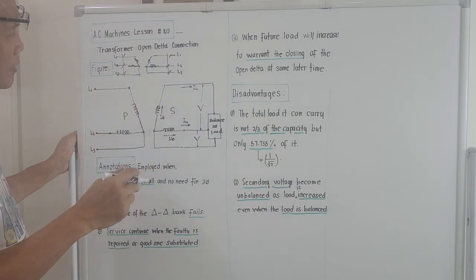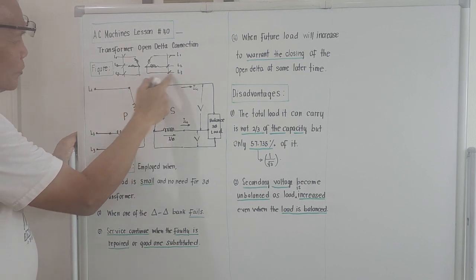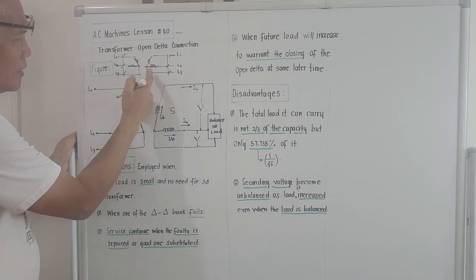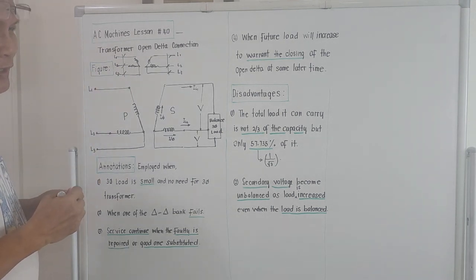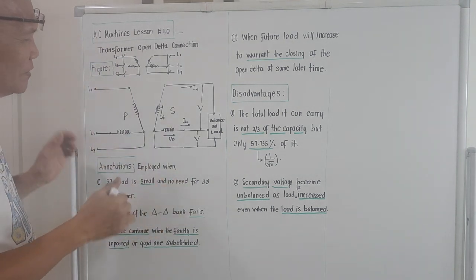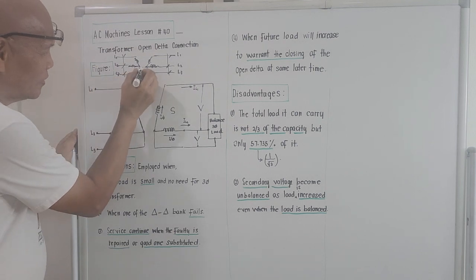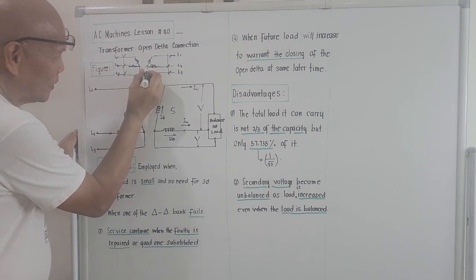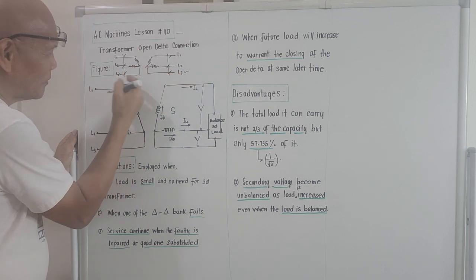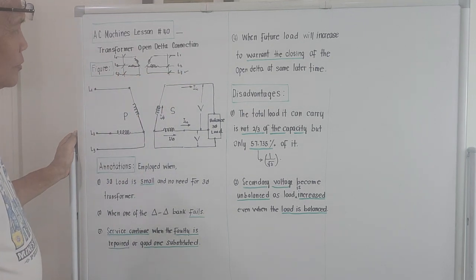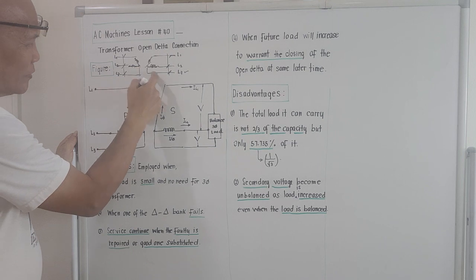The problem here is the leg number 3 for both primary and secondary, it got no winding, right? So for it to become a three-phase, we just get this point here, we bring it out and we call that line number 3, and so with the primary side.